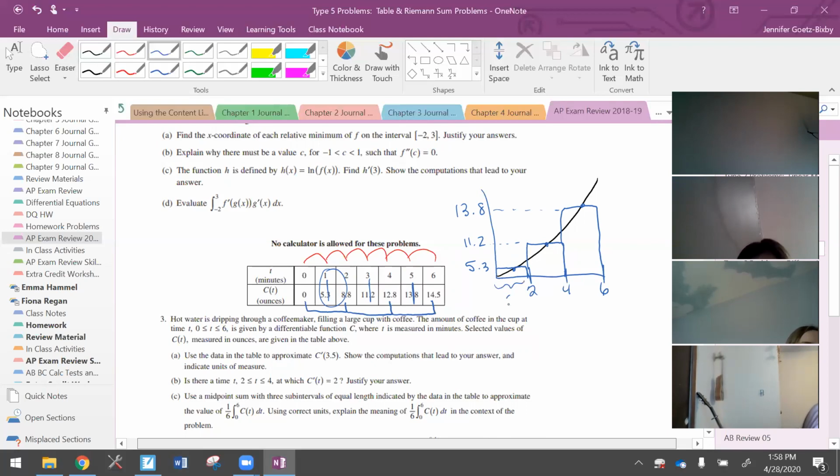So the width of each rectangle is 2. So I'm just going to take 2 times 5.3, 2 times 11.2, 2 times 13.8, and that's how I get my total area under the curve of 60.6.